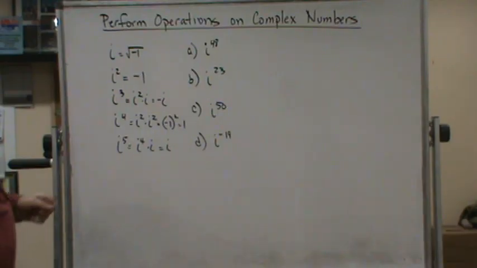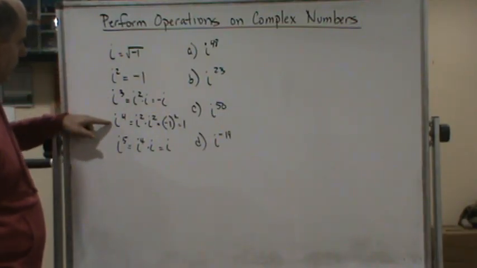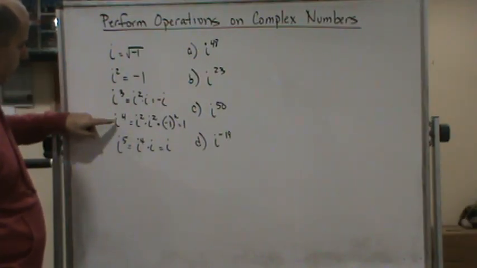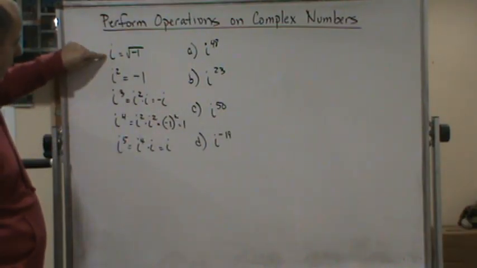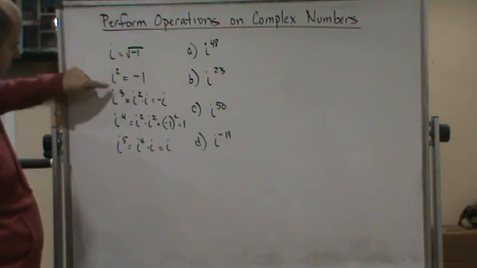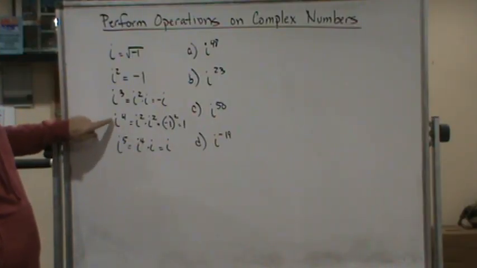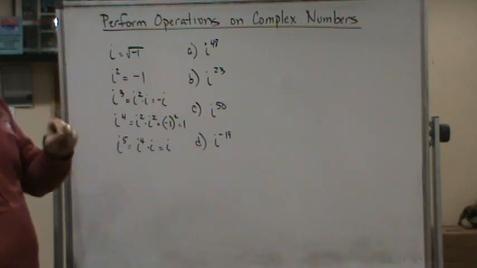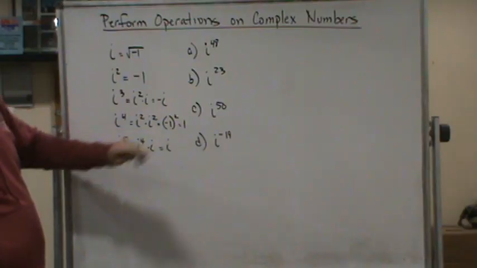And the reason is because we know every fourth power gives us 1. So i to the first, second, third, fourth. So we just need to find the multiples of 4 when it comes to the powers, because every multiple of 4 is going to result in 1.